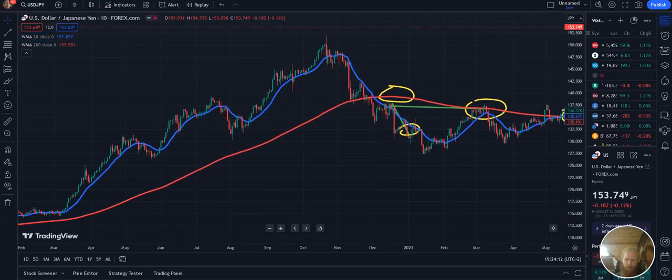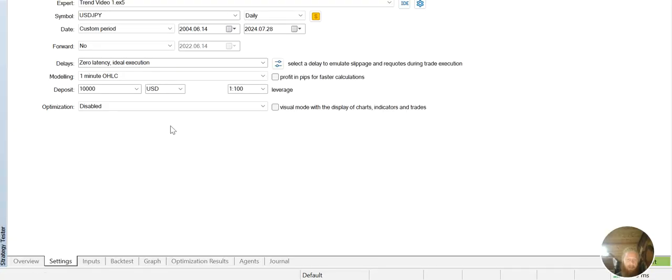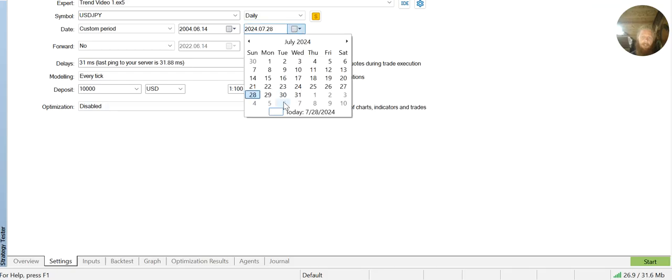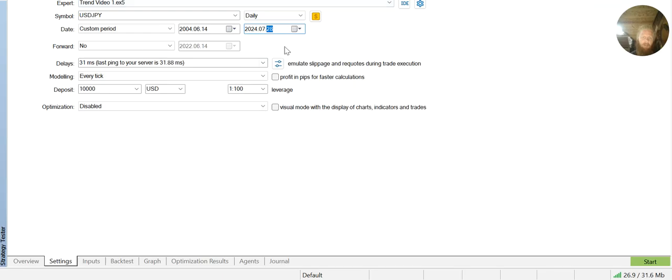And now I am showing you the backtest here on the daily time frame with everything data, with the latest latency, with $10,000, 1 to 100 leverage, and up to date. It is actually more than 20 years of data. It is going to take a while, so let's just jump into it.